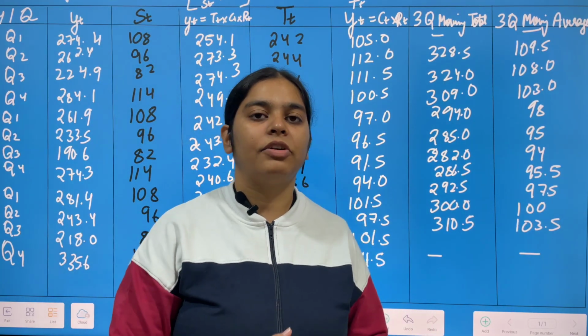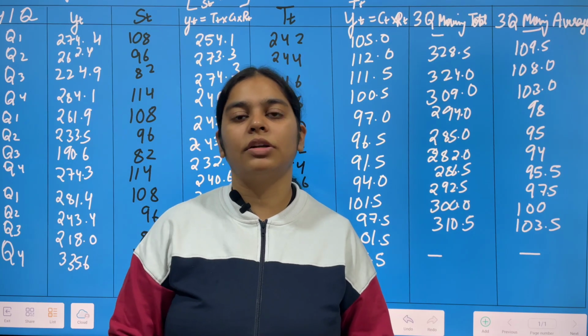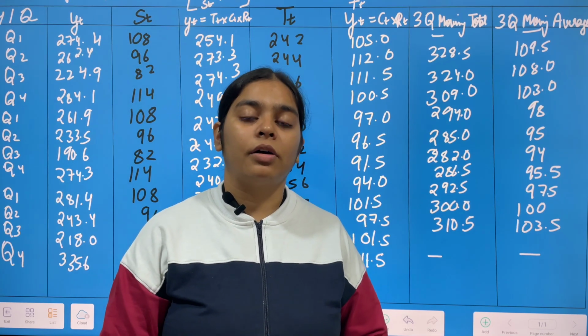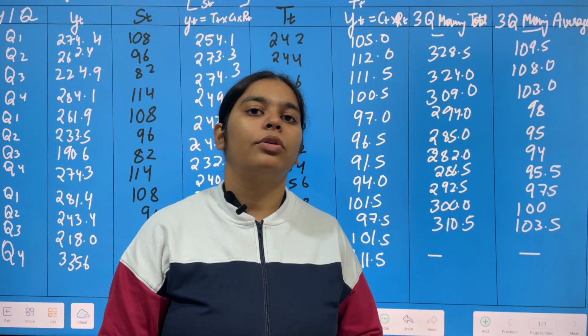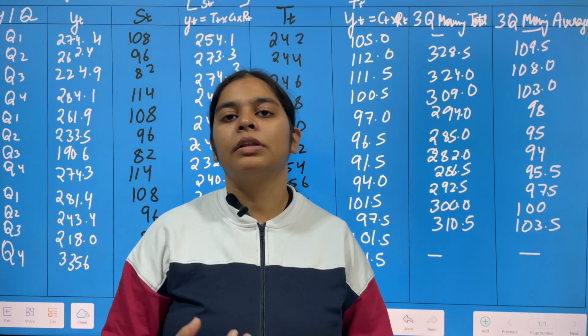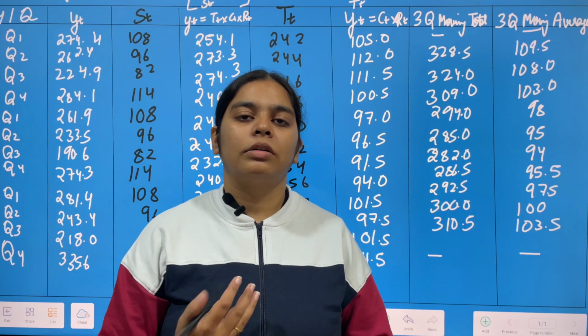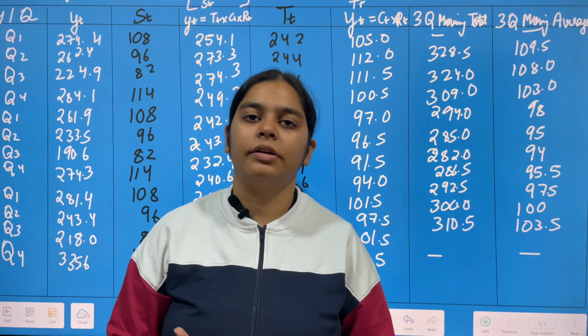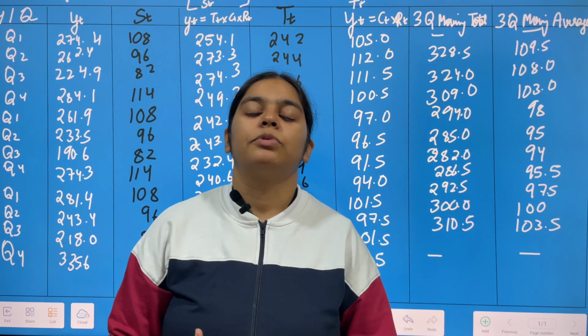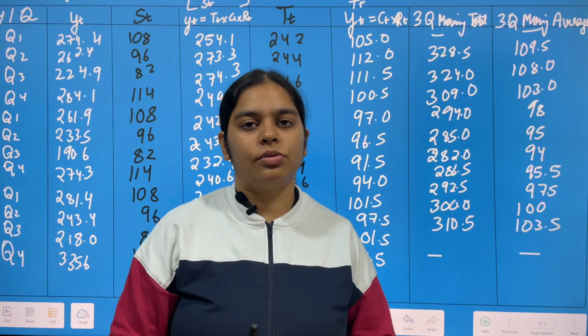The derivation which we did in the previous lecture is very important from the exam point of view. That derivation plus the periodogram. We'll continue with the periodogram in the next lecture, and I will explain how harmonic analysis is done for the periodogram.